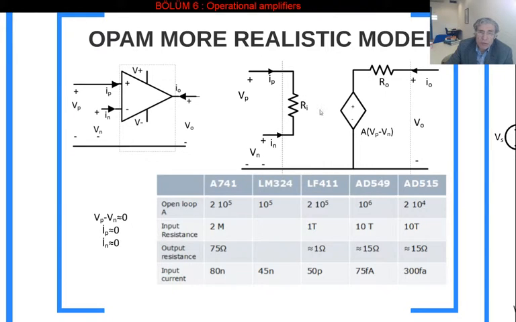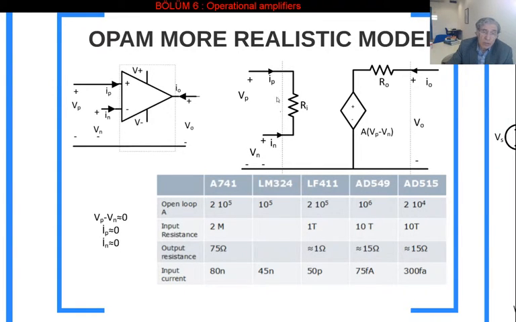A very high value resistor means the current passing through this resistor is going to be very low, isn't it? Because the current in the resistor is V over Ri. If Ri is very high, as in tera ohms, then this current is very small.